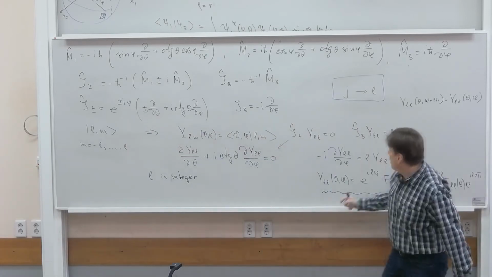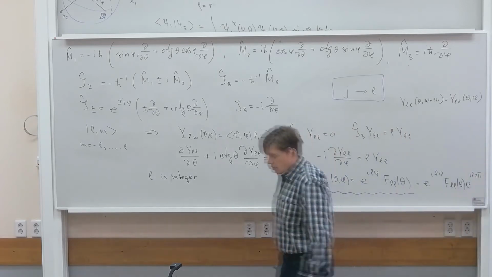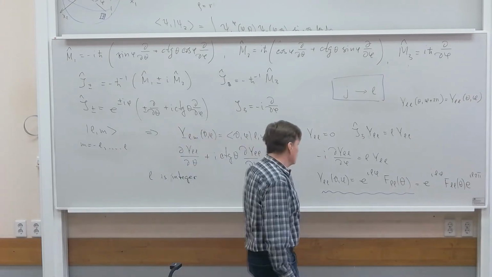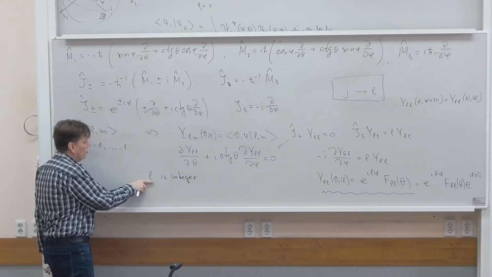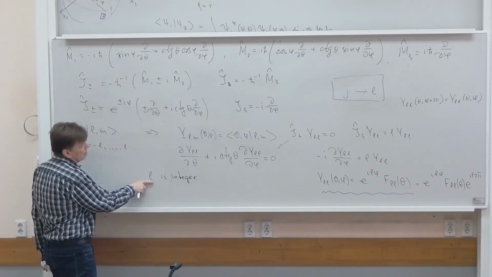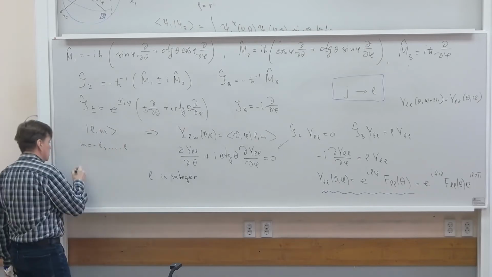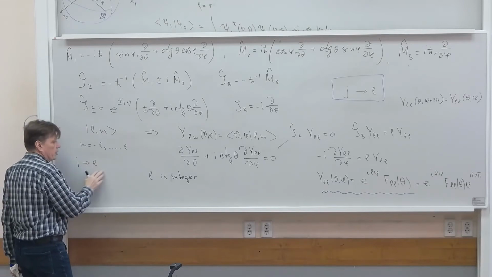Otherwise, our wave functions are not single valued. They are not functions, or complex valued functions, on the sphere. So in particular, half integer values for L are forbidden. That's the reason for the change of the variables.